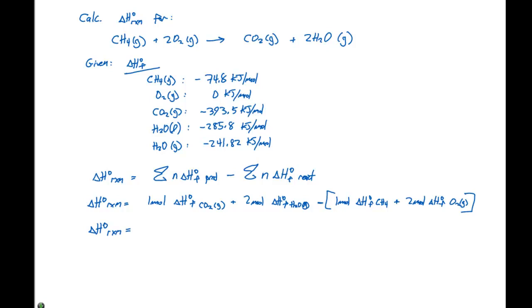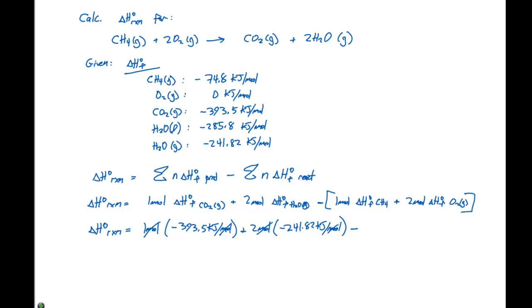So we're going to have 1 mole times negative 393.5 kilojoules per mole for the CO2, plus 2 moles times the delta H naught of formation of the H2O, and remember that this is in the gaseous form, so we have to make sure that we pick the correct value, which will be negative 241.82 kilojoules per mole.